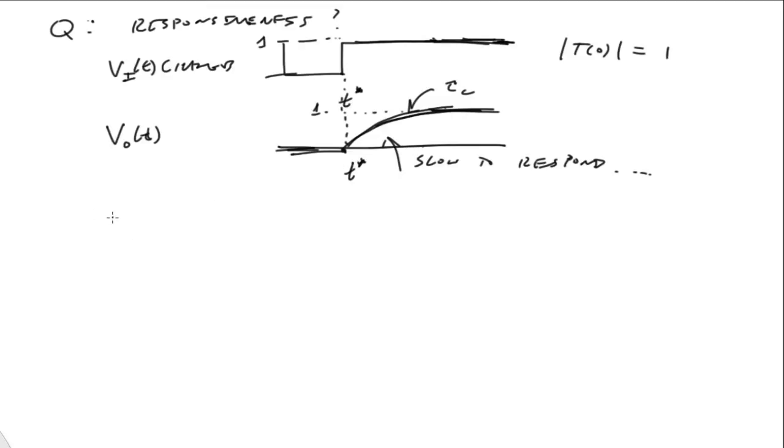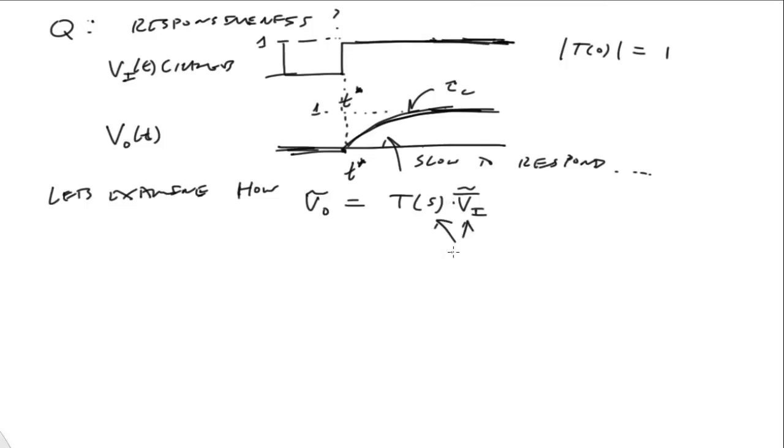Well, we can do the same thing in the complex plane by, let's examine how V out is affected by V in through this. What this represents here is complex multiplication.